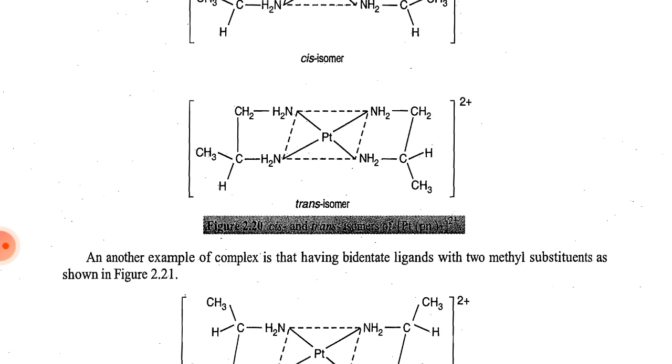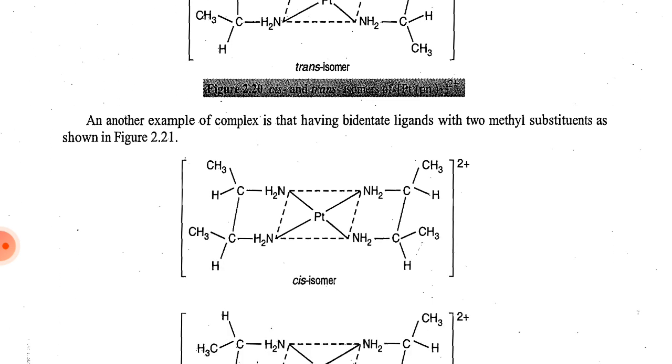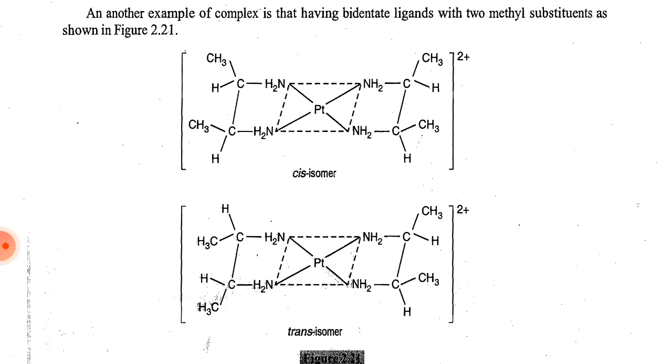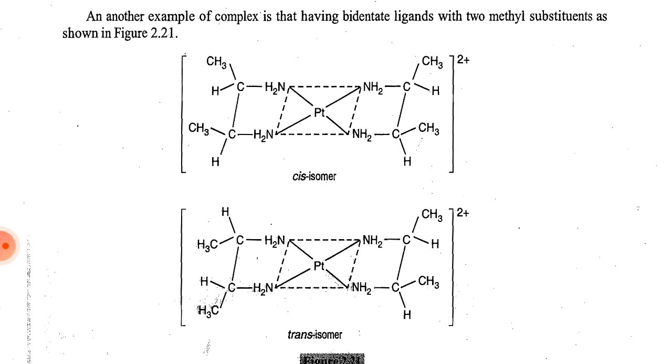Cis and trans isomers. Another example is a complex having a bidentate ligand with two methyl substituents, as shown. Now once again, NH2CCH3H, NH2CCH3H. We shouldn't consider the donor atom.